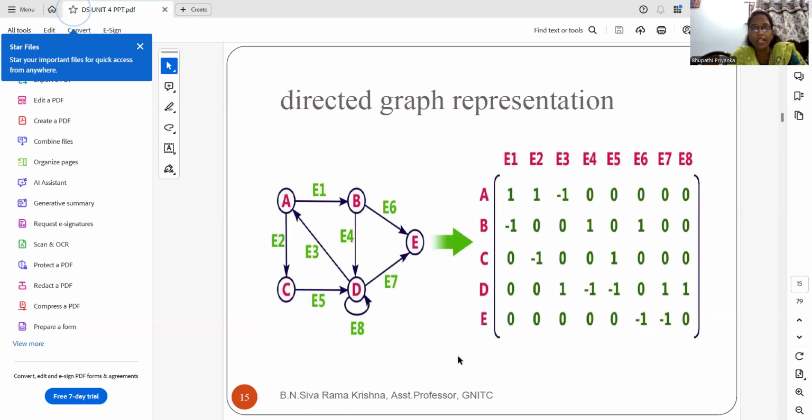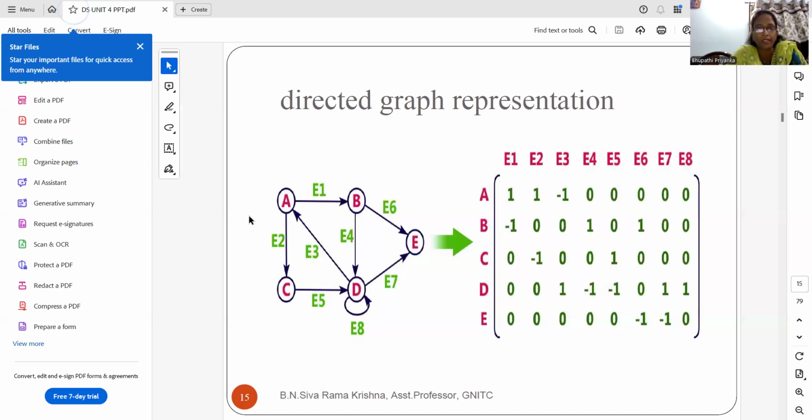Next, A to E2, row vertex to column, so 1. Next, A to E3, row vertex is not going to column, it is vice versa, that's why -1. Next, A to E4, we don't have any row to column, that's why it is 0.